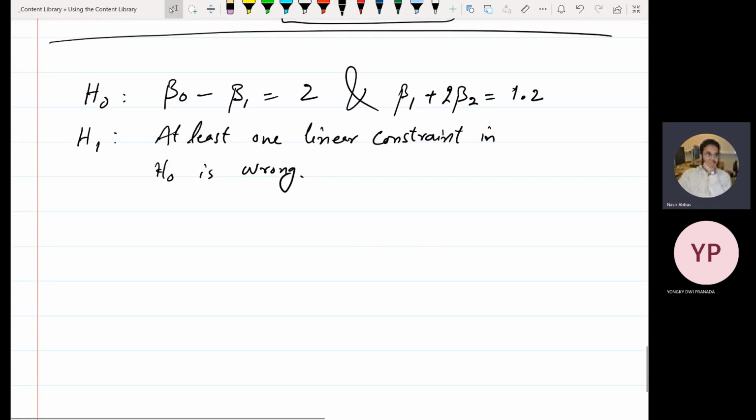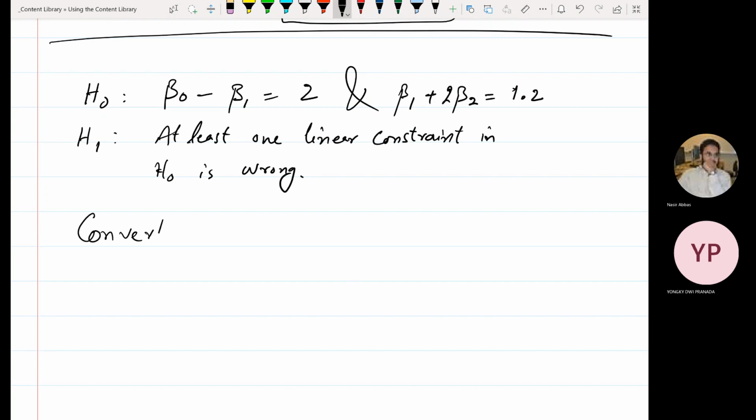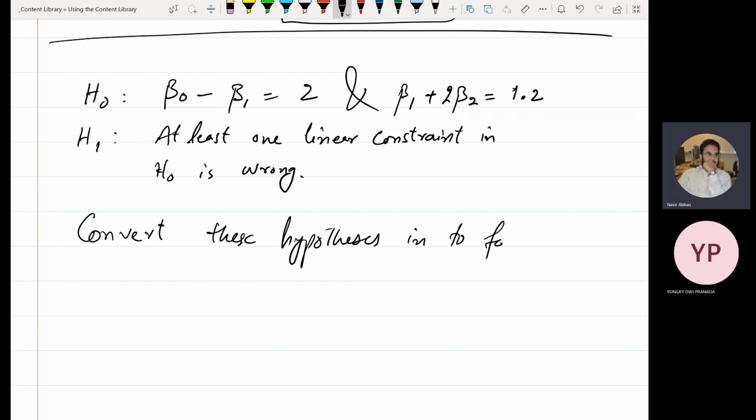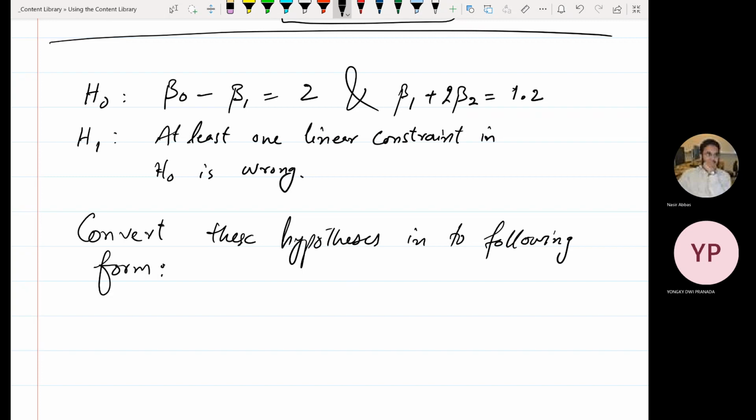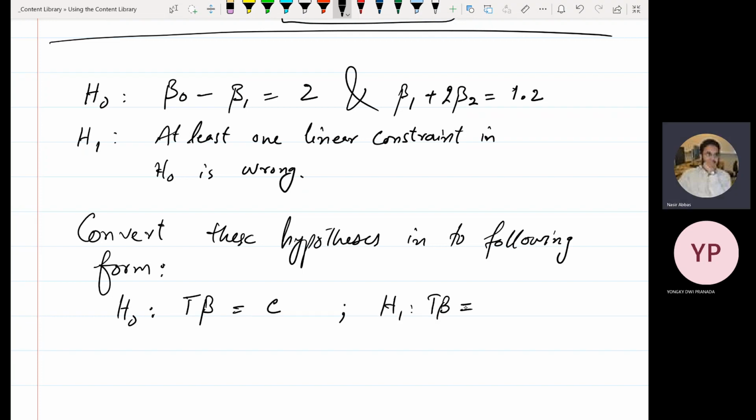You need to convert these hypotheses into the following form, which is your H0 should be T beta equals C, and your H1 should be T beta is not equal to C. So you have to define the matrix T and vector C in such a way that T beta equals C becomes that.